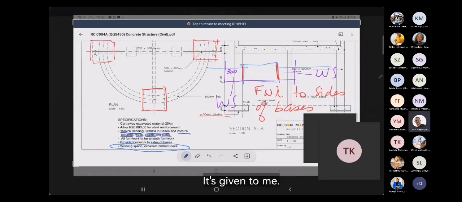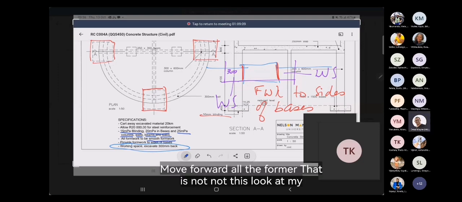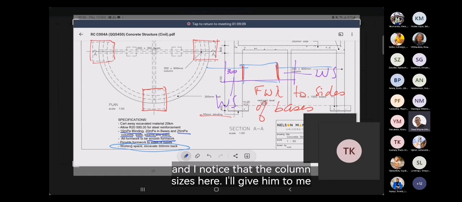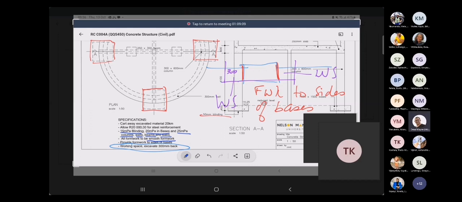That's given to me. Smooth formwork. All the formwork. I'm not just looking at my base now, because now I will make my way further up. And I notice that the column sizes here are given to me at 300 by 600. See that on the drawing? There. 300 by 600, the column sizes.